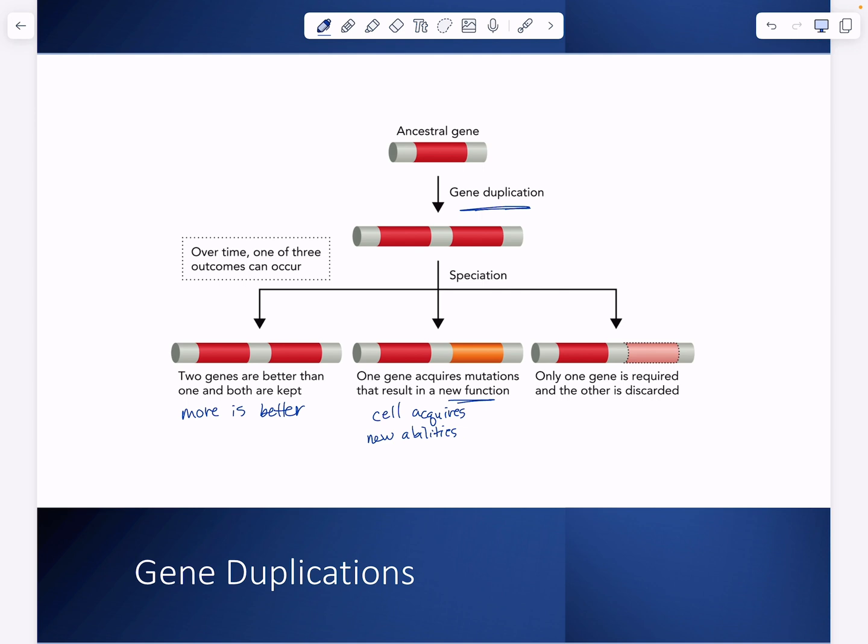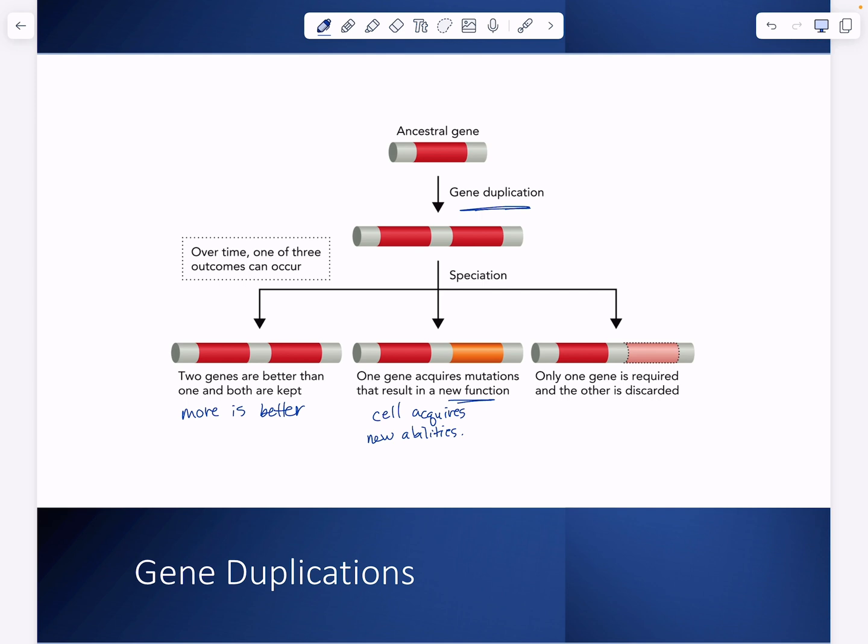Okay, so you can imagine, in this case, where we get a new function from the copied gene, it's got a slight mutation that maybe makes it do the chemistry faster and produce product faster. And that might be good for a liver cell. But in a heart cell, you maybe don't want it to produce product faster, but you want to grab on to the reactant faster. And so those mutations can also optimize the use of the gene for different organ types.